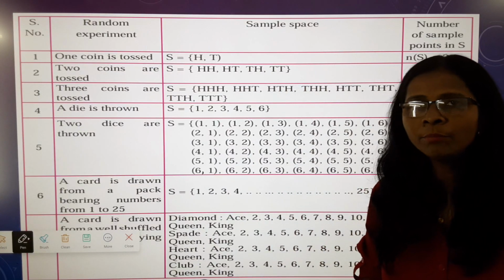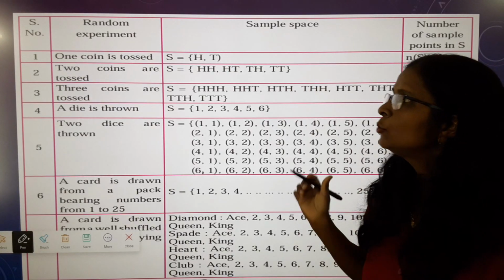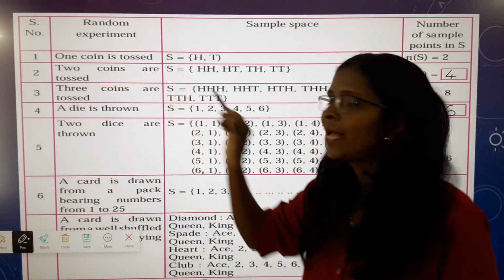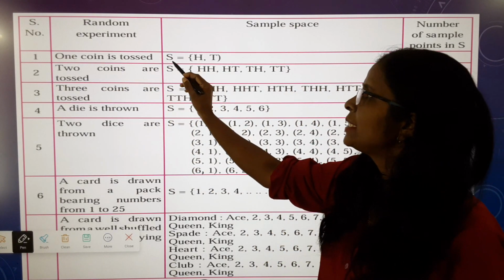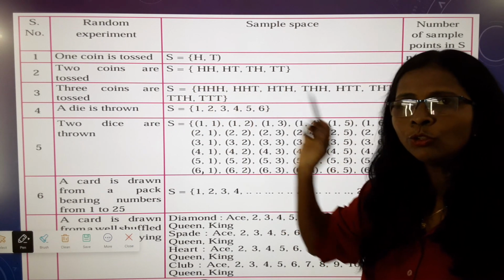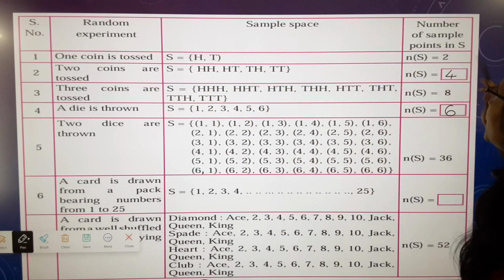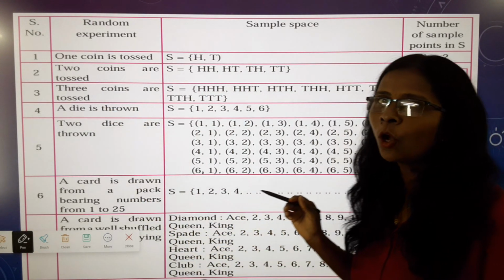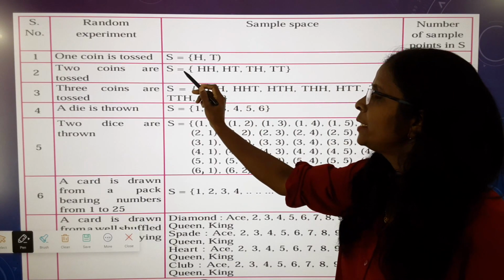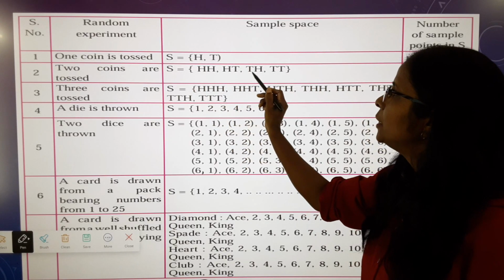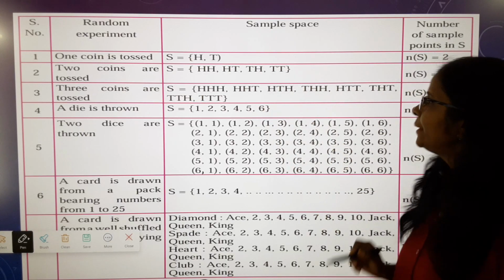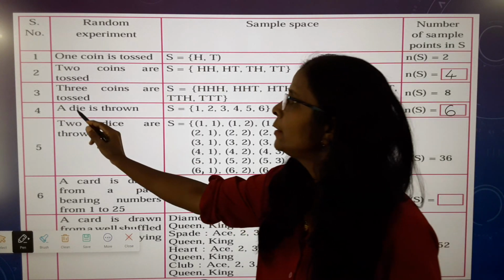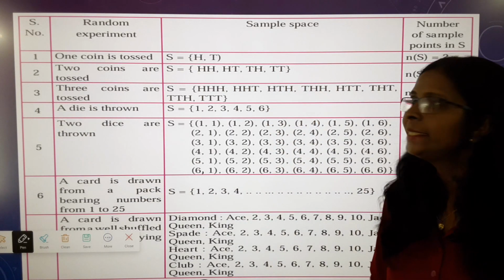Here are some examples of sample space. First, one coin is tossed: the sample space S is {H, T}, so n(S) is equal to 2. Two coins are tossed: S is {HH, HT, TH, TT}, and the number of sample points is 4.